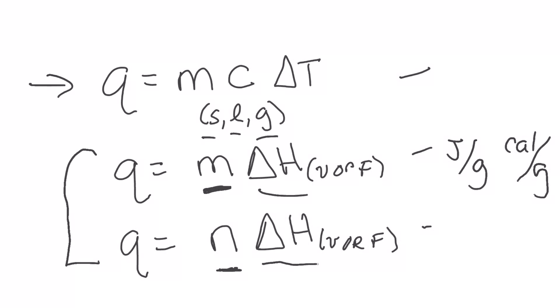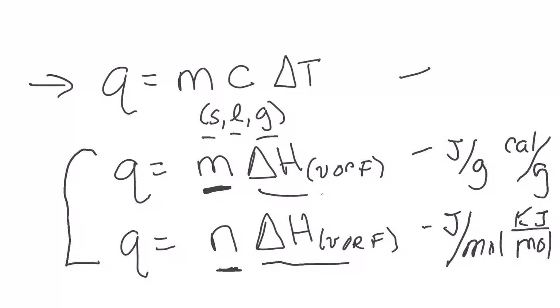But if the delta H value is given to you as joules per mole or kilojoules per mole, then you would multiply by moles, because we're still going to be aware of our units. So if it's changing state, we have to use one of these last two equations.